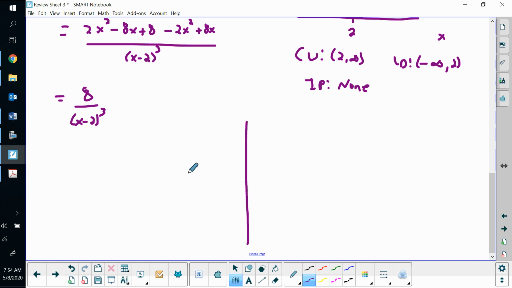All right, we're going to go to graph this. First, plot any points you know and any asymptotes you know. We know we have an asymptote at x equals 2. We also have a slant asymptote of y equals x, so start at 0 and go with a slope of 1.